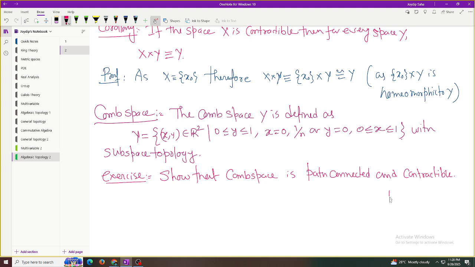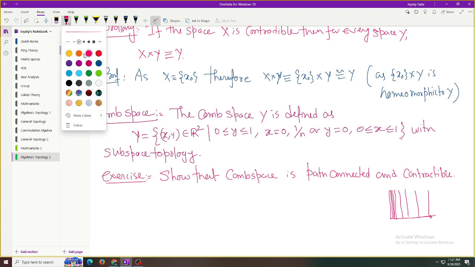It looks like this. Okay, so you project it, then it is an equivalence.